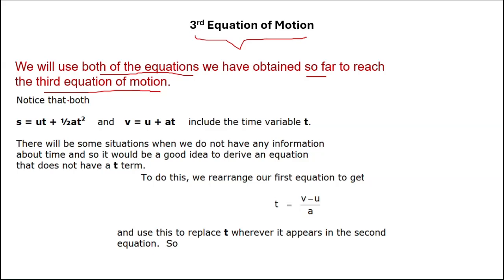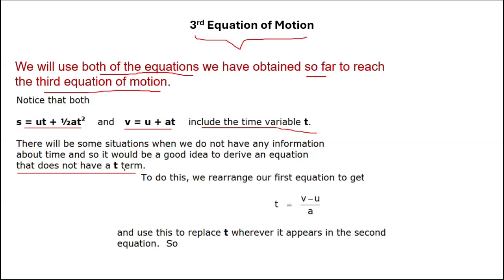Now we have noticed that both our equations, the second equation, s is equal to ut plus half at square, and the first equation, v is equal to u plus at, include the time variable t. Both of them have t. So there will be some situations when we do not have information about time. So it would be a good idea to derive an equation that does not have a time t term.